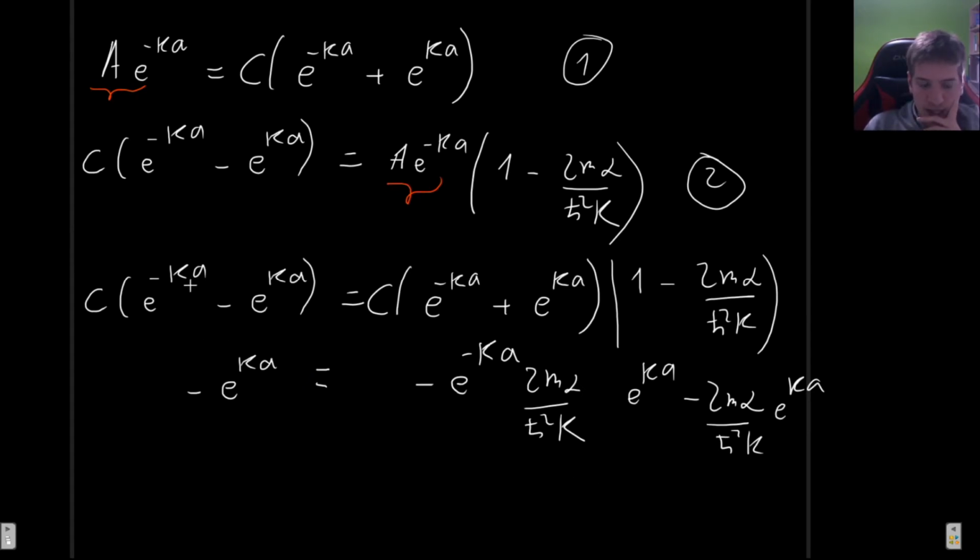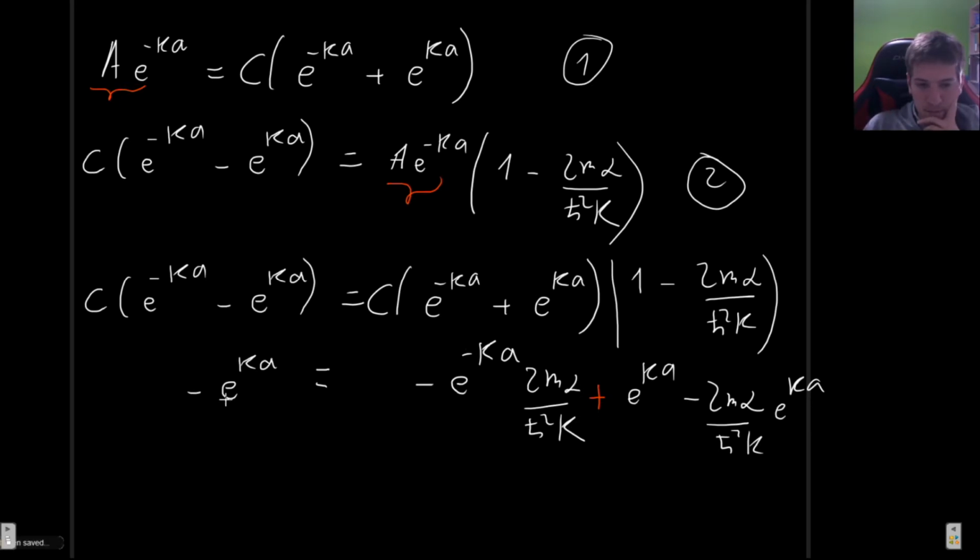So now we're going to want to isolate our exponentials just as we did in the previous case. So wait, I think I'm missing a sign here, this plus. Yes, okay, I was missing that plus sign, something was off.